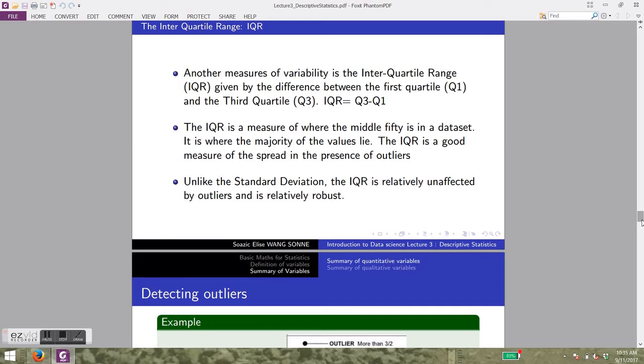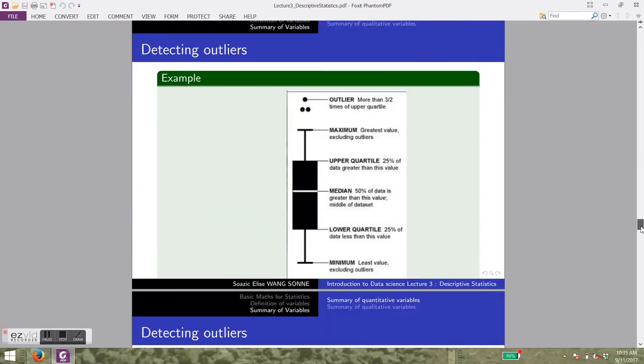And generally, when you have a quantitative variable, continuous or even discrete, in order to observe whether you have an outlier in your data set, you use a box plot. This figure here is a box plot. The box plot shows you the different quantiles. You have the minimum, the lower quartile, so the 25%, the median, the upper quartile, the maximum, and then the outliers.